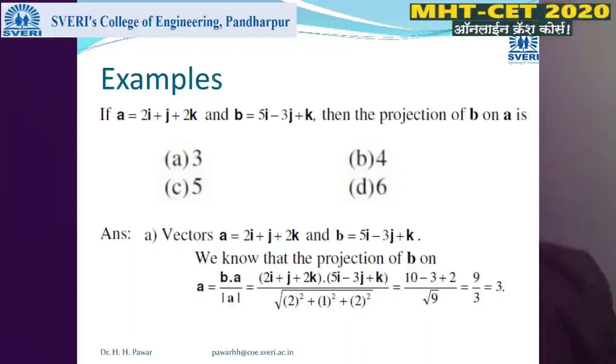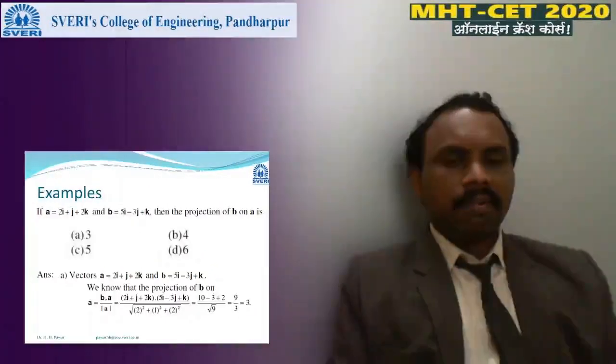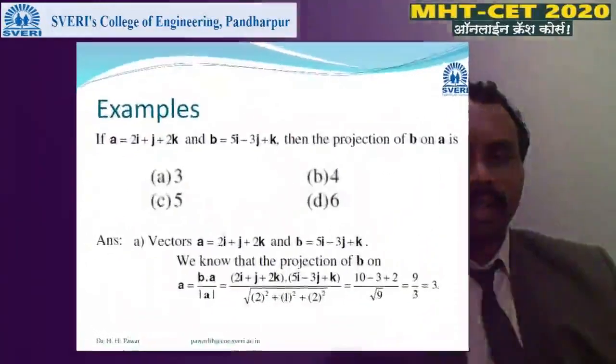Now take the dot product in the numerator: 2 into 5 is 10, 1 into minus 3 is minus 3, 2 into 1 is 2, that is 10 minus 3 plus 2 is equal to 9, and the square root of 9 is equal to 3. So 9 by 3 is equal to 3, the required answer for this MCQ. So option A is the correct choice.